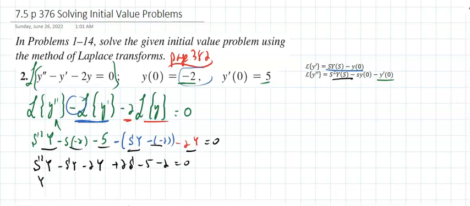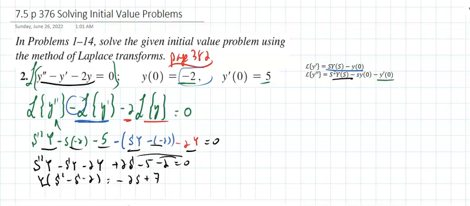If I factor a y out of this, I'll have s squared minus s minus 2, and it's no big secret, it's right there. That should always be the case. If I move those to the right, we're talking about a negative 2s, this is minus 7 plus 7. That's pretty much how it works.